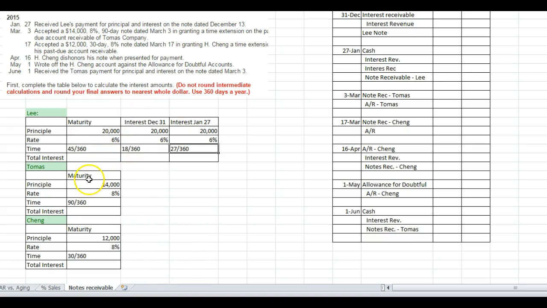So let's figure this out first. Let's look at, first of all, how much is that a year in interest for this one. It's $1,200 a year.